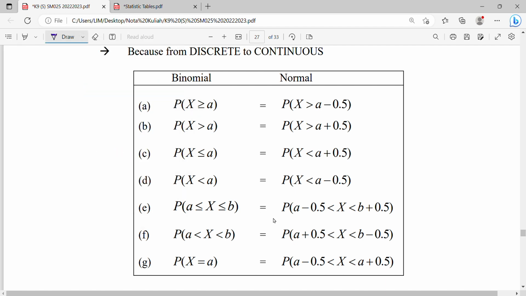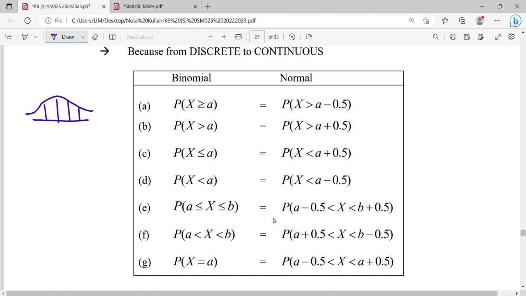So before this discrete 1, 1, 1, 1 macam ni, betul? Bila kamu ada sampel lebih daripada 50, dia akan jadi normal distribution. So you have to do your CC.